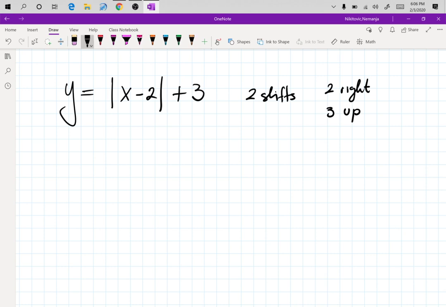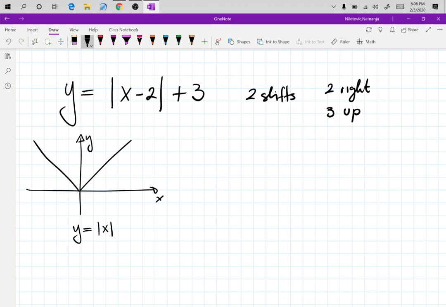So the first stage here is to draw the parent function, default function, whatever you want to call it, which is our absolute x. That's it. Y equals absolute x is the basic function. Then we can move it 2 units to the right.